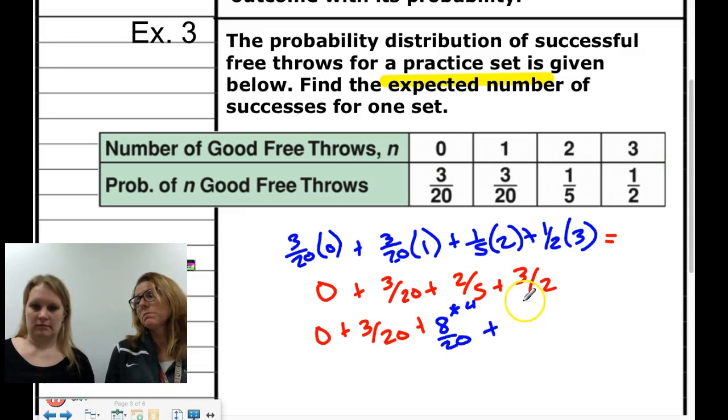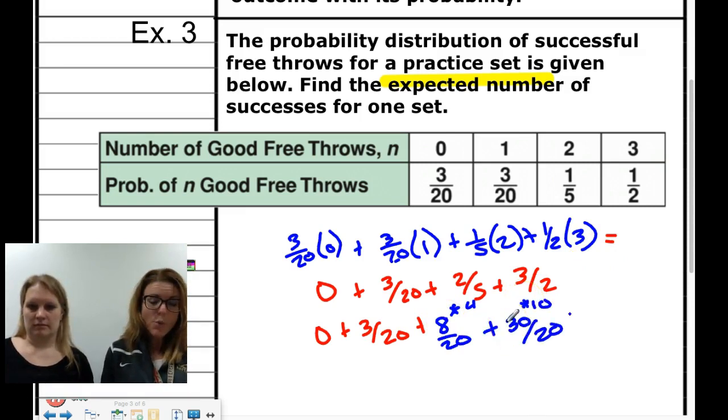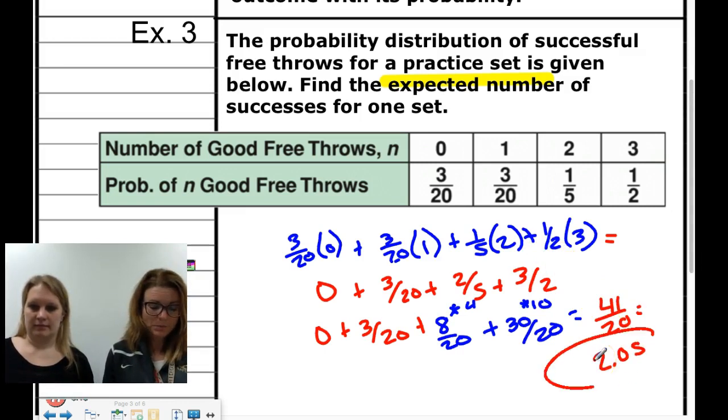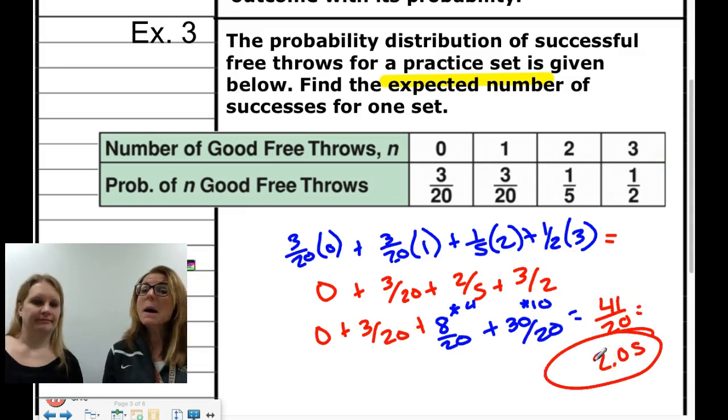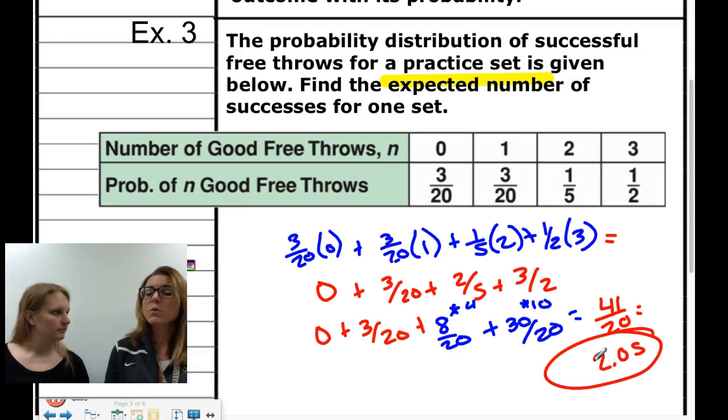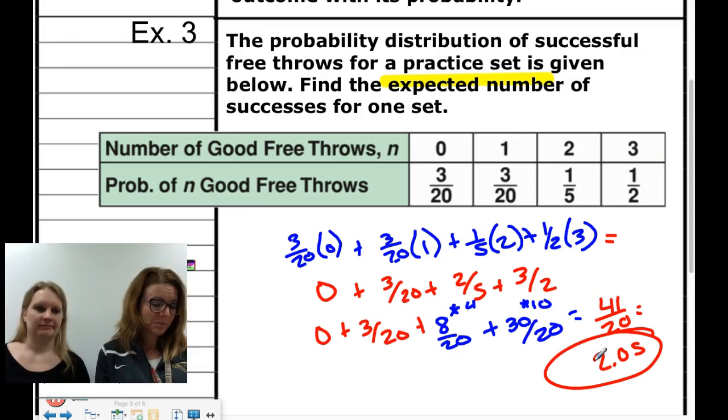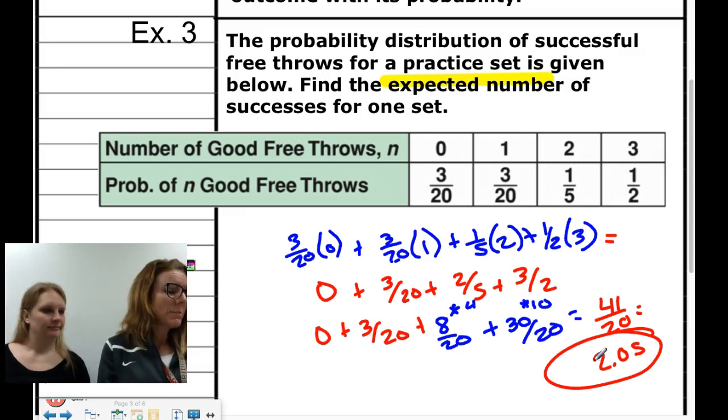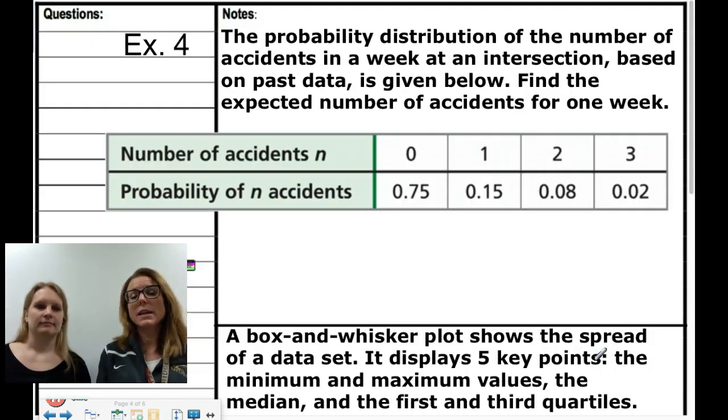And on the last one, by 10 on top and bottom. And that's 30 over 20. When we add those all together, we will get 41 over 20, which is equal to 2.05. So the expected number of successful free throws is 2.05.